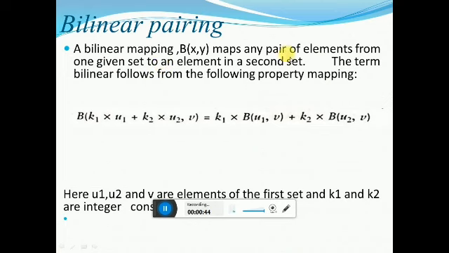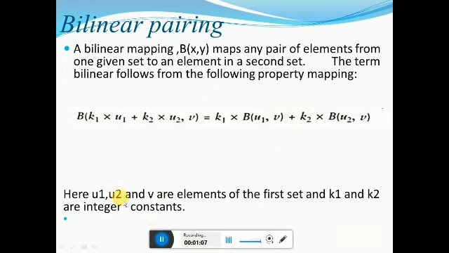This is shown here, and represented in the form of an equation. In this equation, u1, u2 and v are elements of the first set, and k1 and k2 are integer constants.